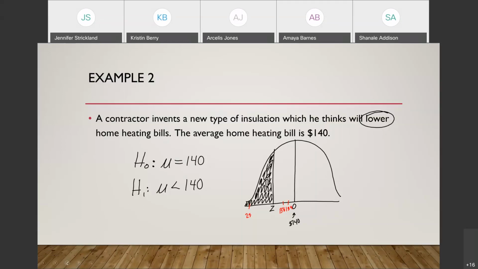We're going to find it in just a minute. All right, again, note the symbol in the H1 is less than, we shaded on the left. Okay, not a coincidence.